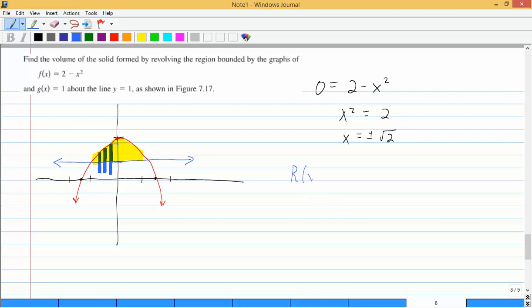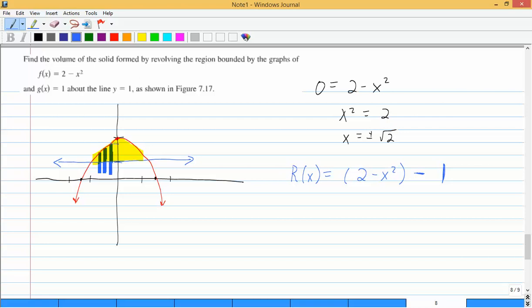All right? So what is our radius of each disk, or the height of each rectangle, going to be? Top curve minus bottom curve. What's the top curve here? 2 minus x squared. Minus, what's the bottom curve? Y equals 1. Top curve minus bottom curve.